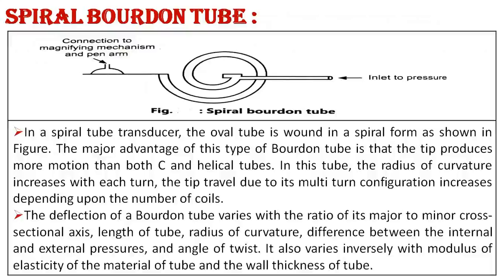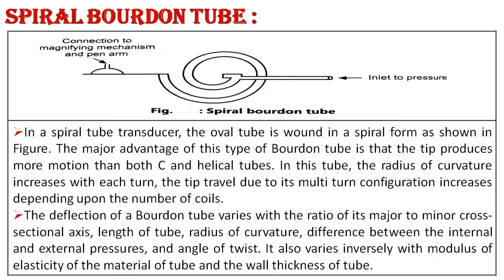Next, the third type of bourdon tube is the spiral bourdon tube. The connection is given to the inlet pressure, and here there is a magnifying mechanism to a pointer. In a spiral tube transducer, the oval tube is wound in a spiral form as shown in the figure. The major advantage of this type of bourdon tube is that the tip produces more motion than both C and helical tubes.